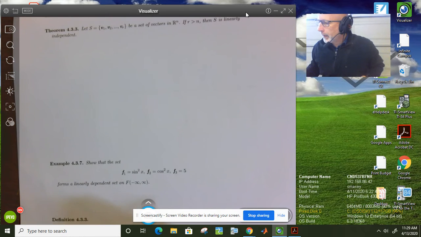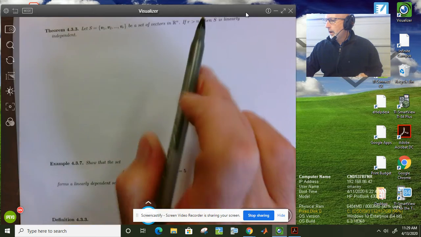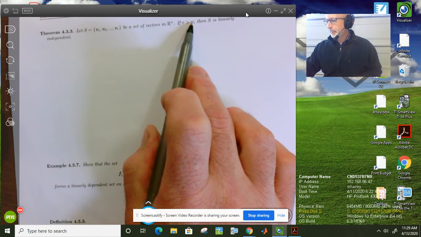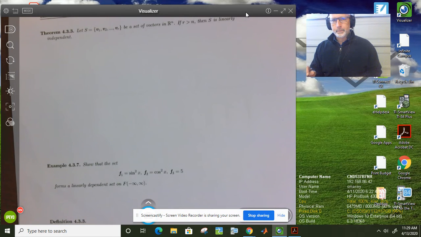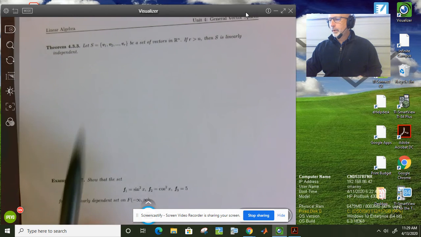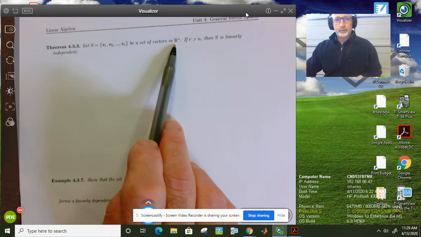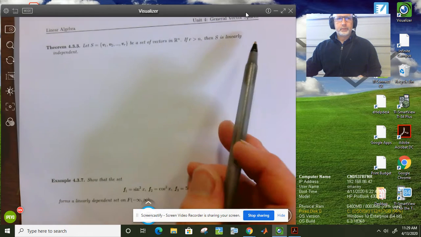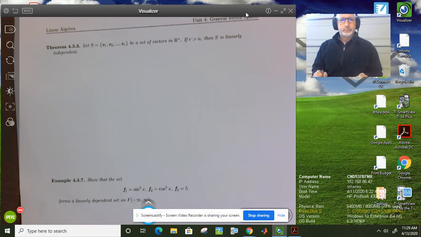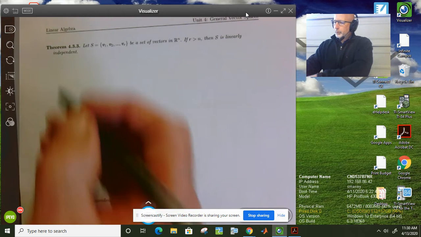Okay, so what we have: let S be the set of vectors v1 through vr be a set of vectors in Rn. If r is greater than n, so in other words, we have more vectors than the dimension of this space, then S is linearly independent. Okay, so let's go ahead and prove this.